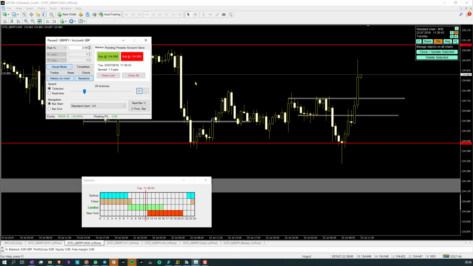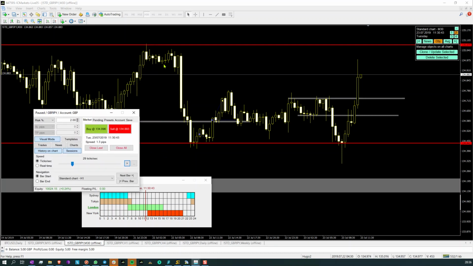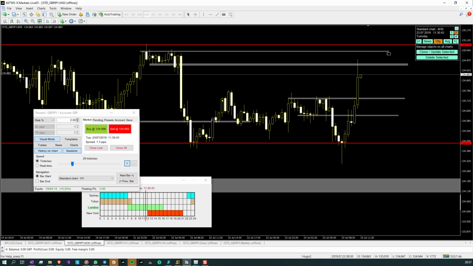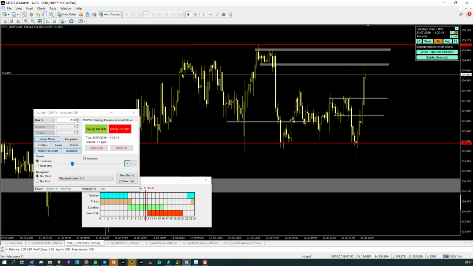Okay, we have a 30-minute close here. And we are about to open New York, so we rejected this zone here. Now we are heading to this one. Yeah, let's see how it goes.